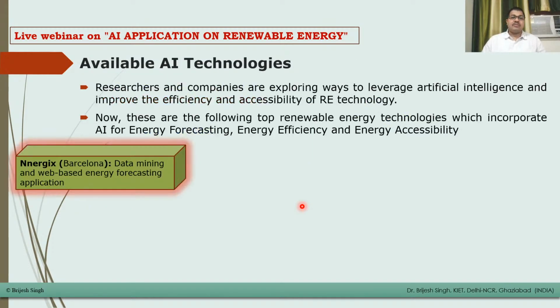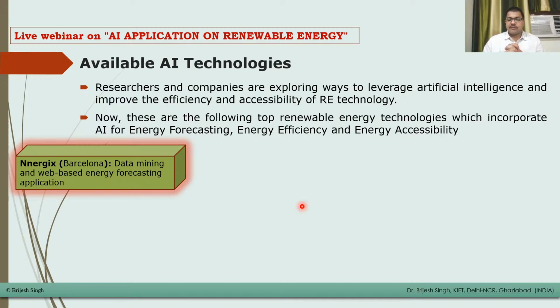Now the next thing is: what are the available AI technologies? Here I have listed some of the technologies already available, which various industries and researchers are working on for renewable energy. Researchers and companies are exploring ways to leverage artificial intelligence to improve the efficiency and accessibility of renewable energy technology.